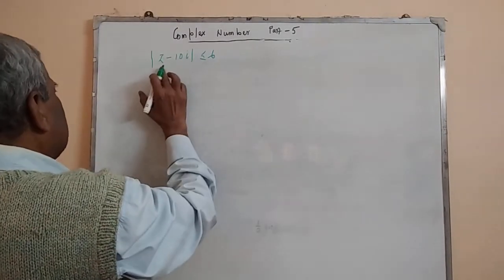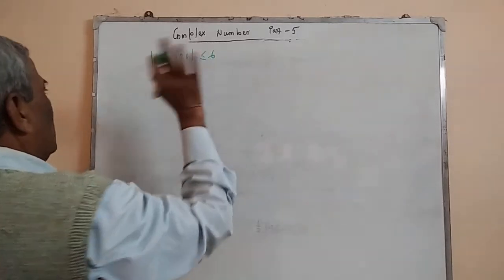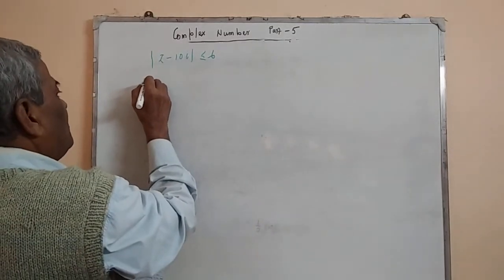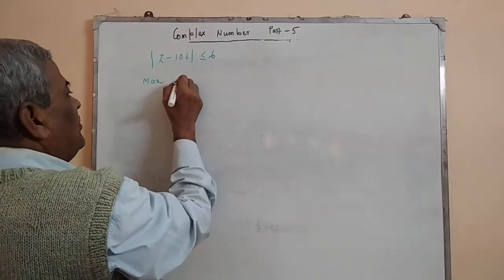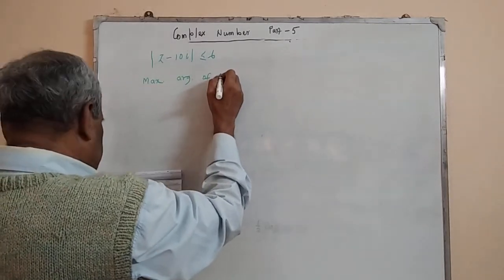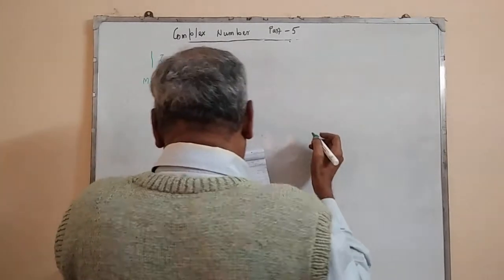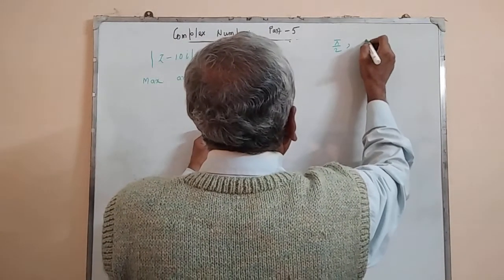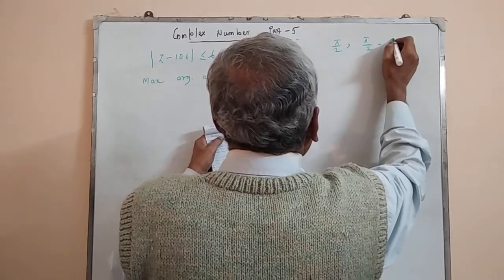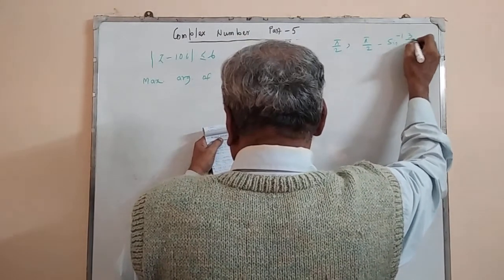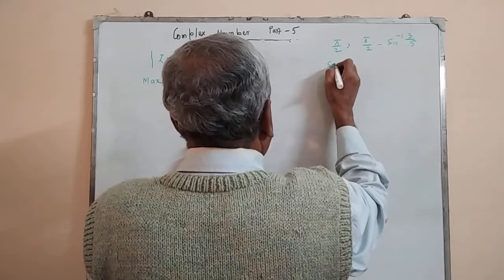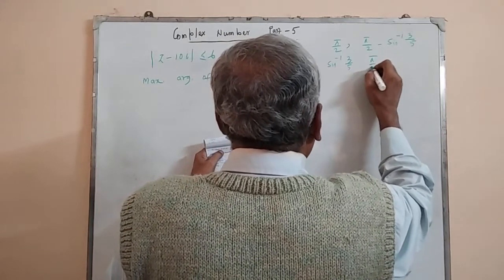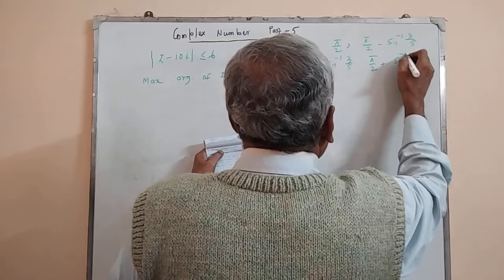Then the maximum argument of Z is: first option pi by 2, second option pi by 2 minus sine inverse 3 by 5, third option sine inverse 3 by 5, and finally pi by 2 plus sine inverse 3 by 5.